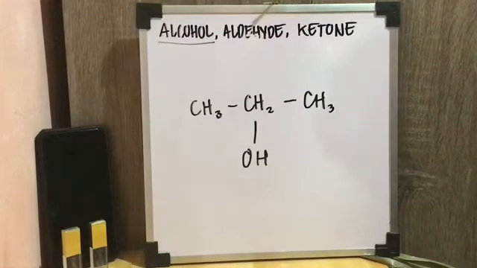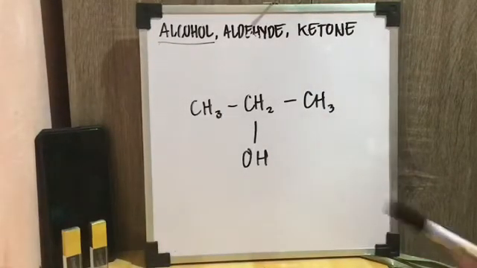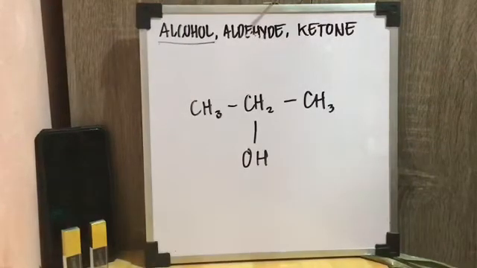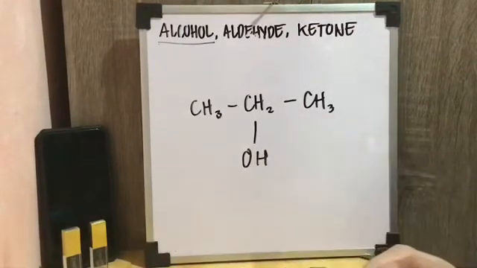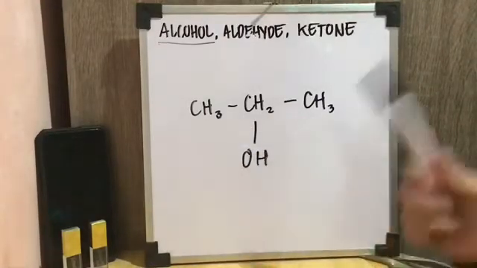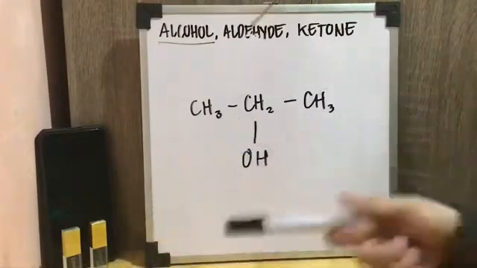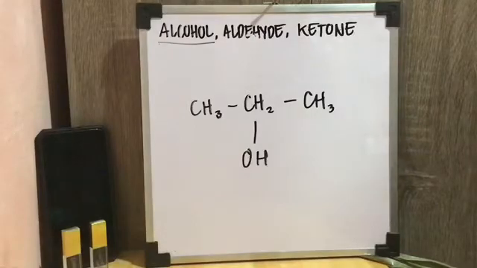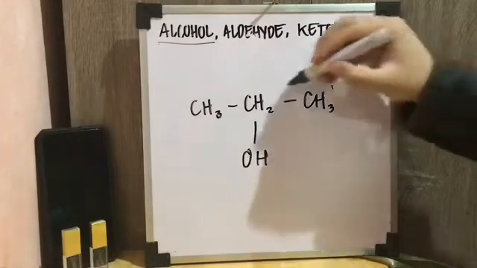Here is an example of what you call a secondary, wherein the alcohol group or the hydroxyl group is connected to one of the middle carbons. In this case, the hydroxyl group is connected to the second carbon, which is in the middle. So when you're going to be counting, it doesn't really matter since it is equal on both sides. So let's say that I count from here, here, and here.